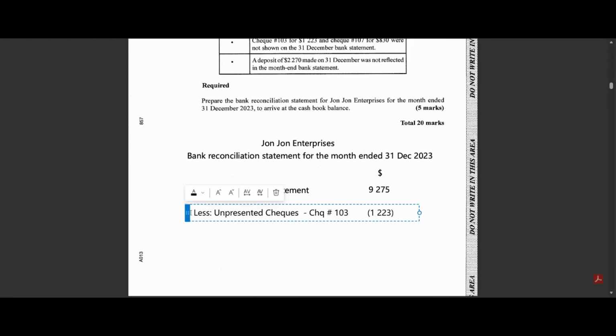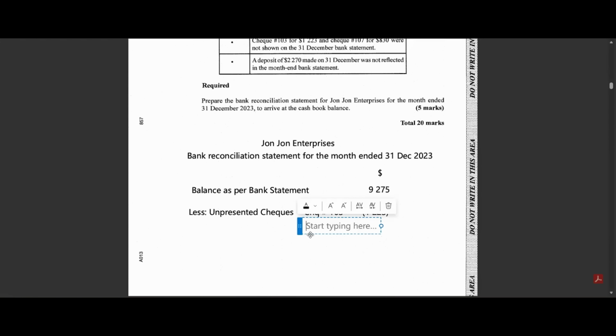Let's put it in as well. Great. And then finally, we do have the lodgement.